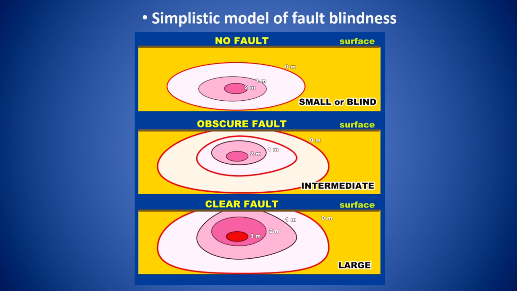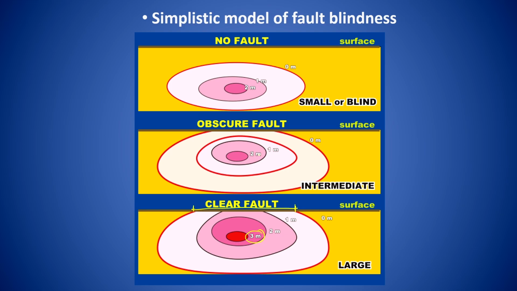But if you have a large magnitude earthquake, then of course larger energy is released, so it may result in greater displacement, and that can result in surface rupture. Clear faulting you will be able to see.